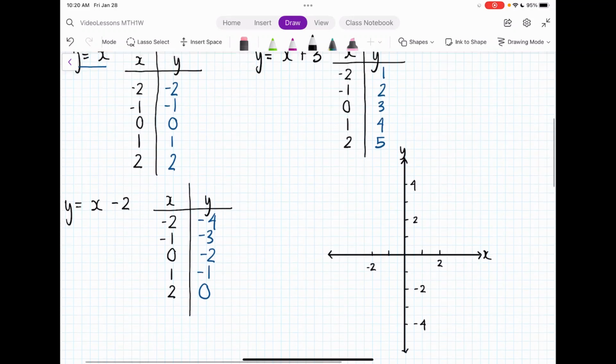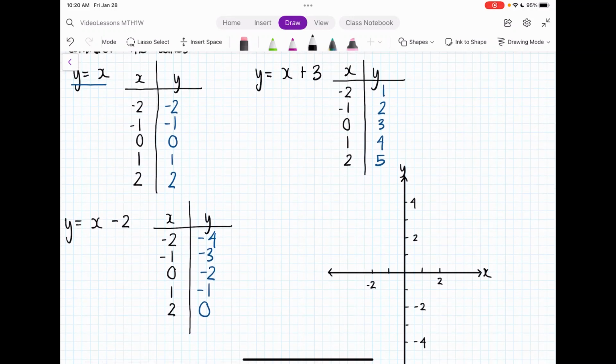Okay, so in plotting our line, we don't really need to plot every single point, because 2 points will define our line. All we really have to do is put in our points, and then we can join them, and that will give us our line.